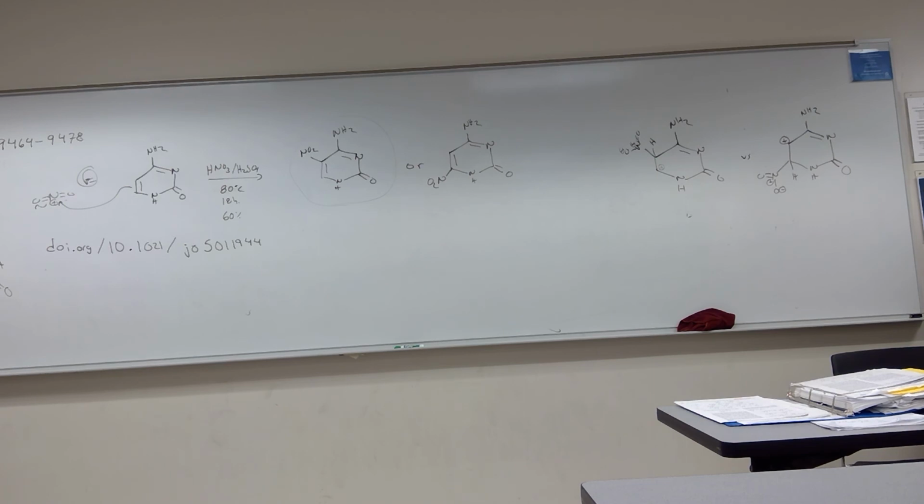That's a good guess. Close. But no. 1, 2, 3, 4, 5, 6, 7, 8. So C2 or C8. So where do you do chemistry via electrophilic aromatic substitution? C2 or C8? Why?